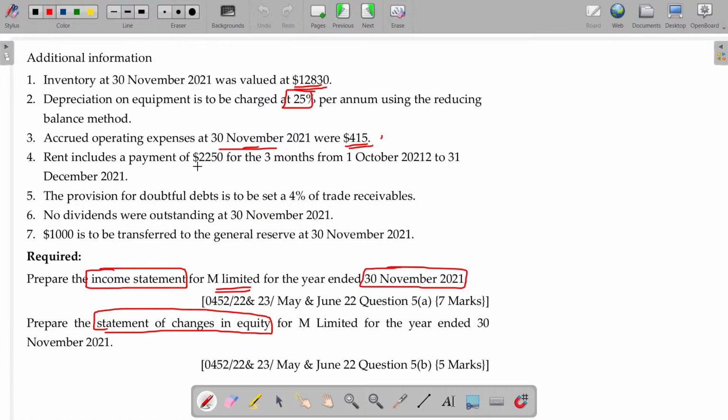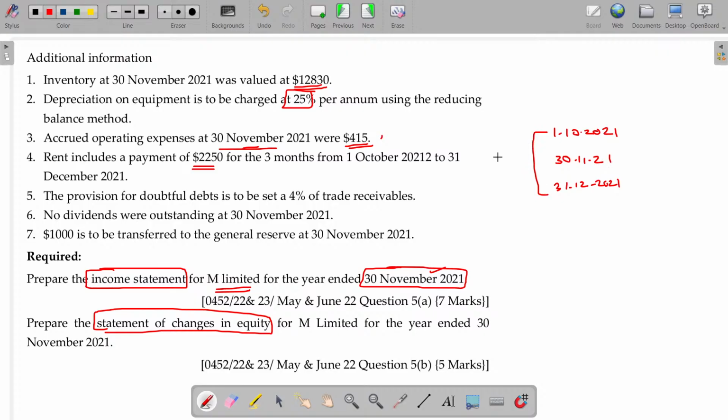Rent includes a payment of $2,250 for the 3 months from 1st October 2021 to 31st December 2021. But here you have to prepare only up to 30th November 21.